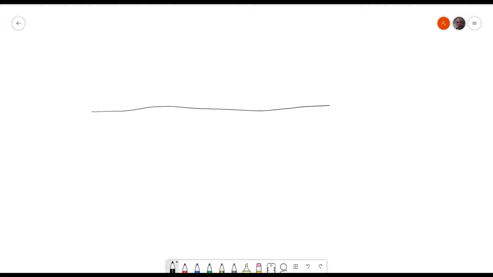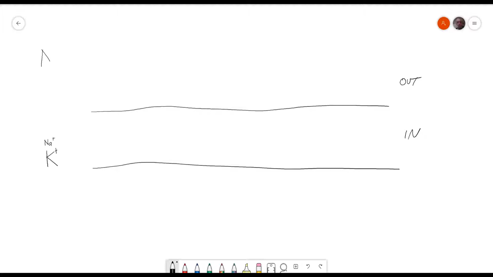So let's imagine that we've got an axon like this. Here's the outside and here's the inside. And what have we got in the axon? Well, first of all, remember we've got low sodium on the inside and high potassium, and on the outside we've got high sodium and low potassium.